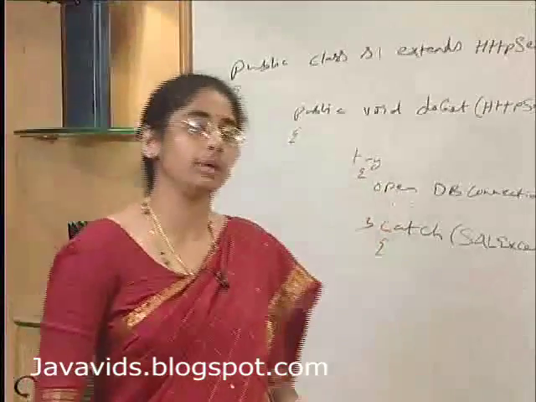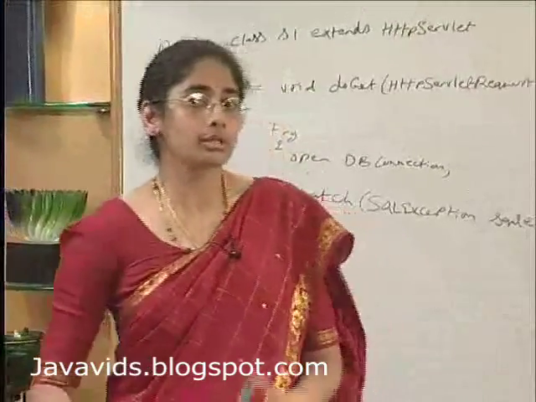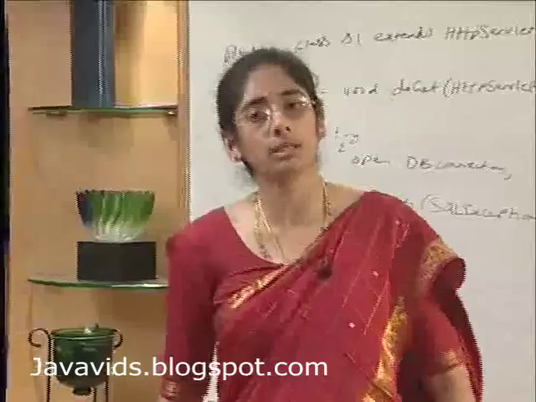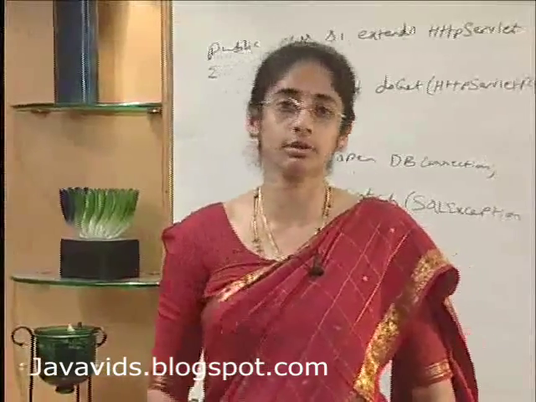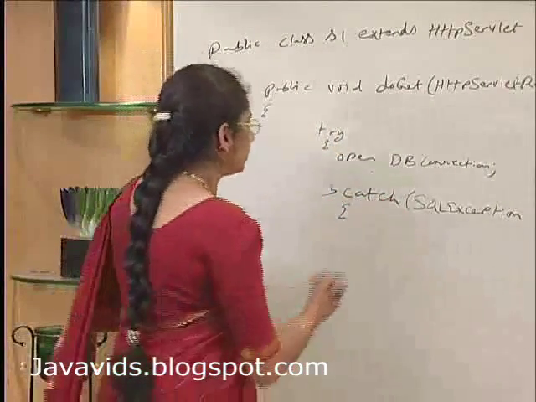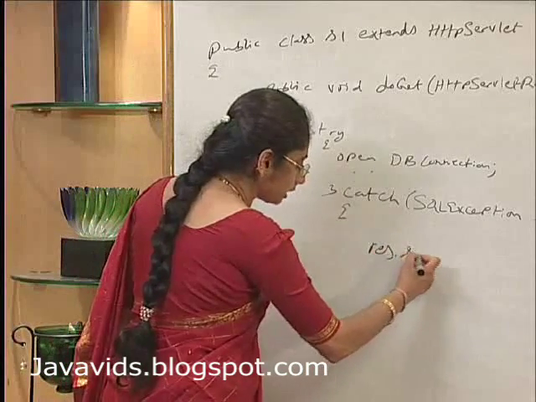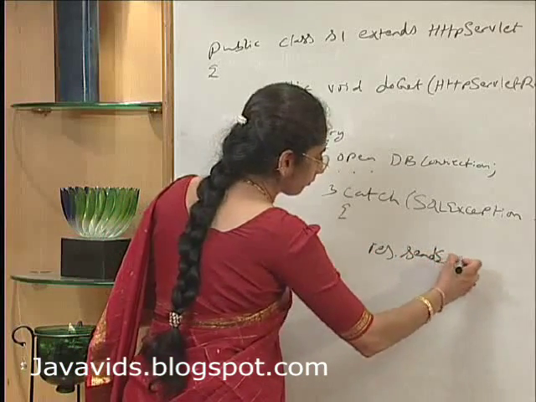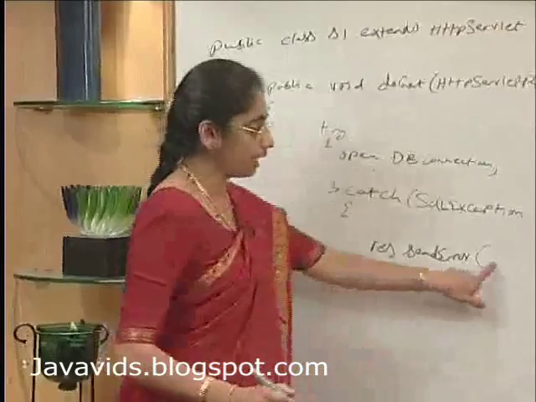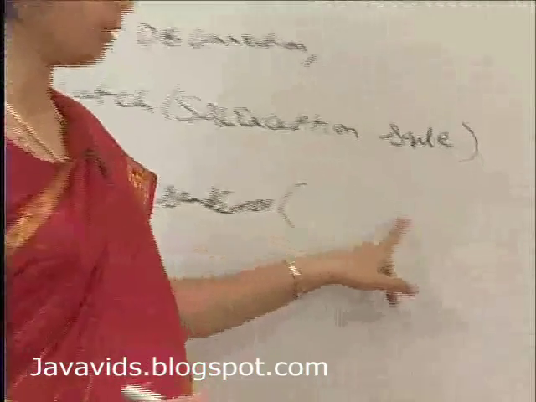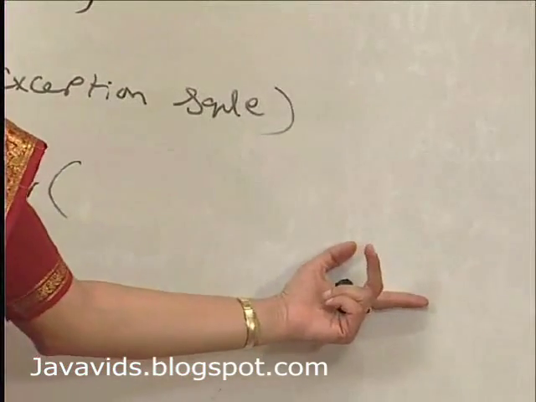So how do you display some error message due to not being able to connect to a database, so you cannot further process? You want to display some sort of user-friendly message. You do a response.sendError of the error code, that's an int value, comma, a string, the message to be displayed.